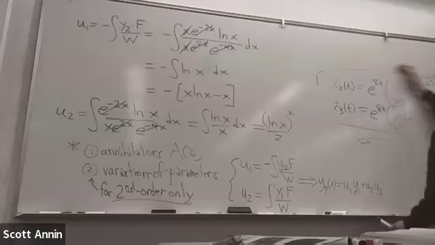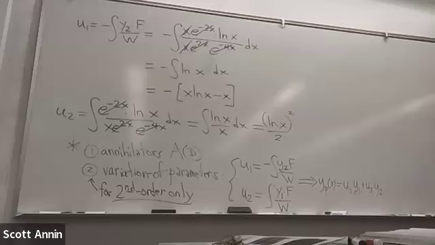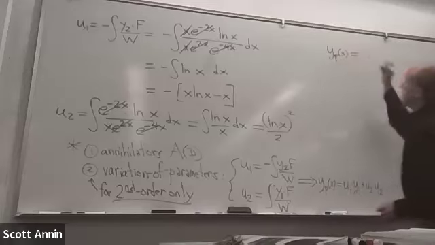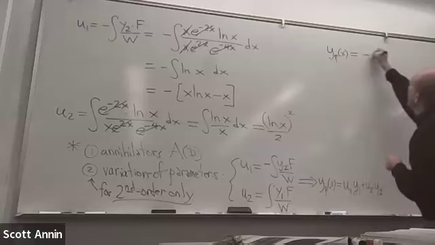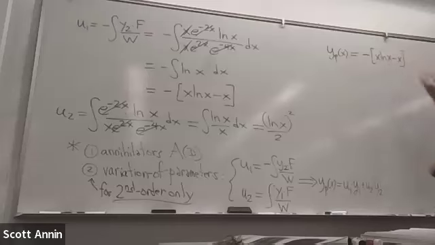Now, let's write down the particular solution, which we've still managed to keep on the board all this time somehow. So the y sub p of x, right? This is the conclusion of step 2. We have u1 times y1 plus u2 times y2. So u1 is negative of x ln x minus x.